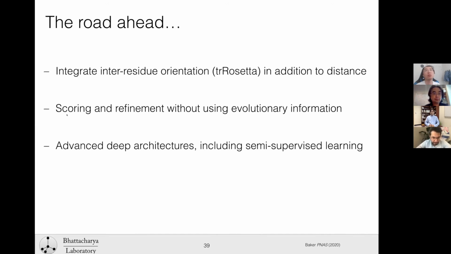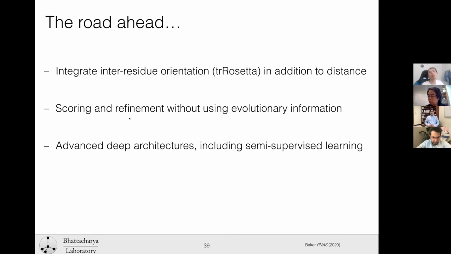It would be interesting to try scoring and refinement without using any evolutionary information, that is, without using any multiple sequence alignment, just using a single sequence and predicting the quality score, or trying to refine a model without using any multiple sequence alignment information.